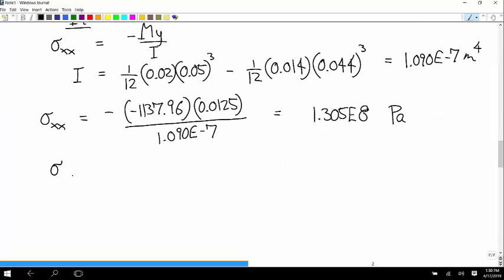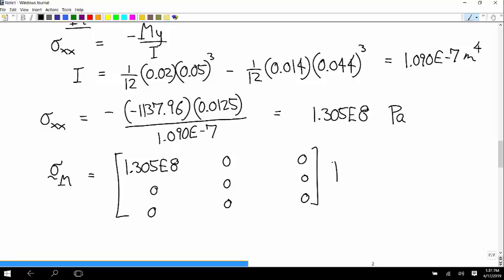Okay, so the stress tensor due to the bending moment is 1.305 times 10 to the 8, 0, 0, 0, 0, 0. One thing, though: at the point that we happen to be interested in, if that point was special for some reason, I just chose this point so we didn't have to calculate everything as functions of x and y.